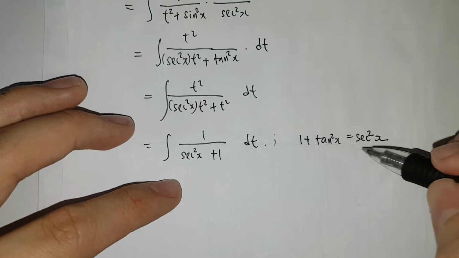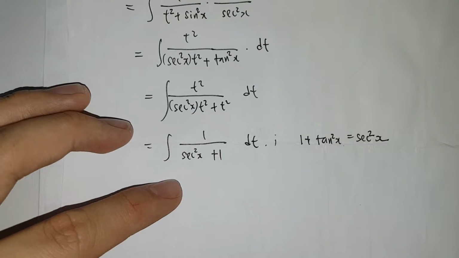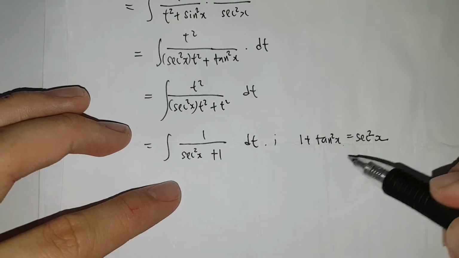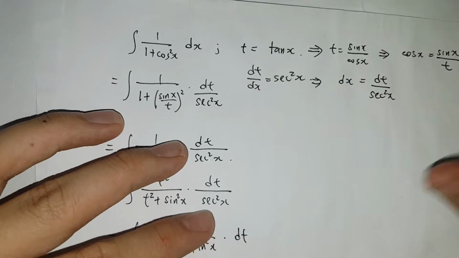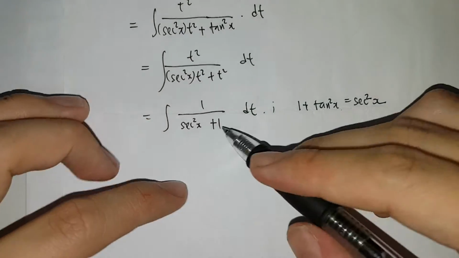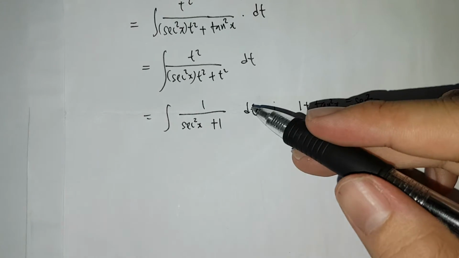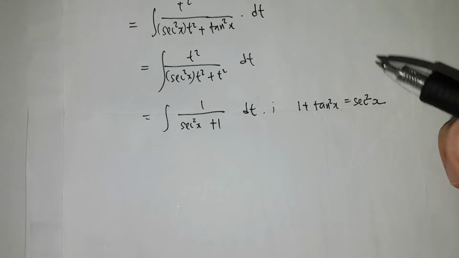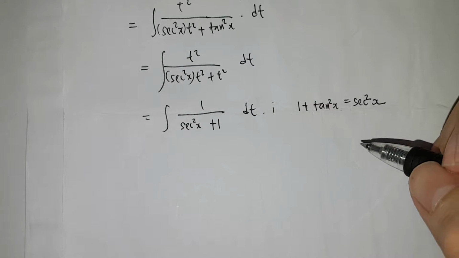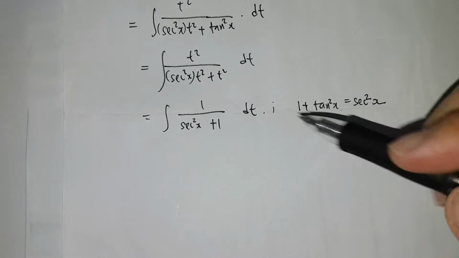This is how you relate your secant square x to tangent square x. It means to change this into terms of t, because tangent square x is your t square, right? T square based on this substitution. So always think, how do you express this? Unless you change this whole expression into terms of t and dt, you can't really integrate this. Alright, so that's the main goal.